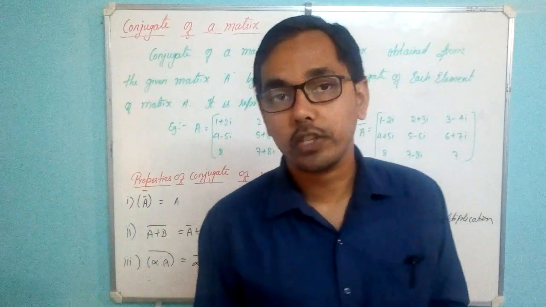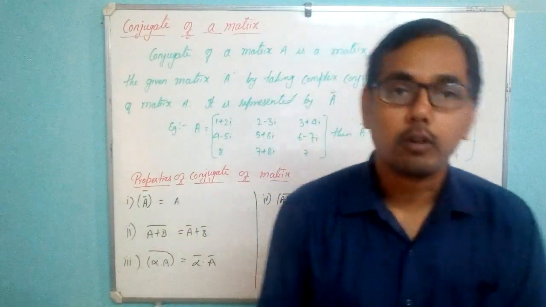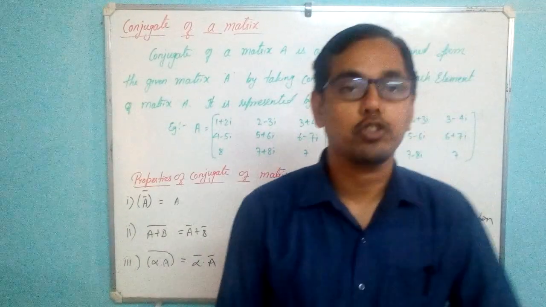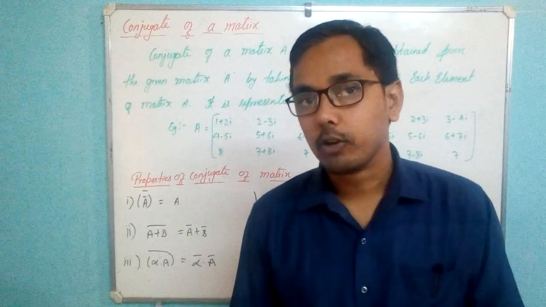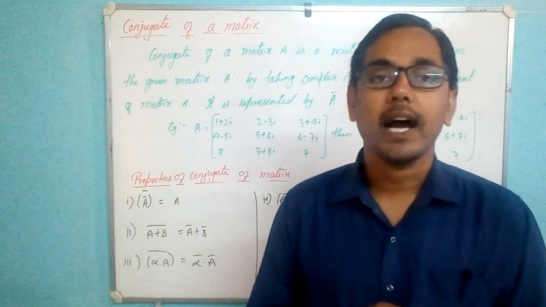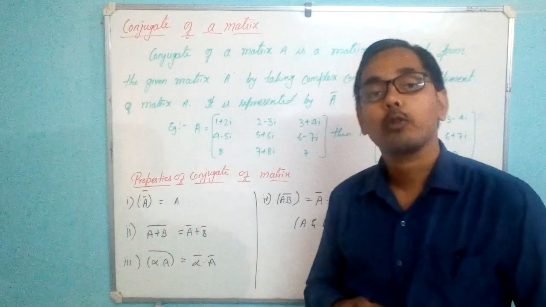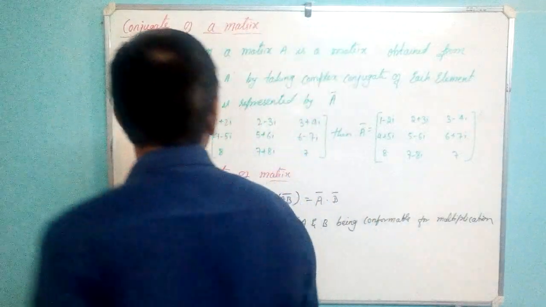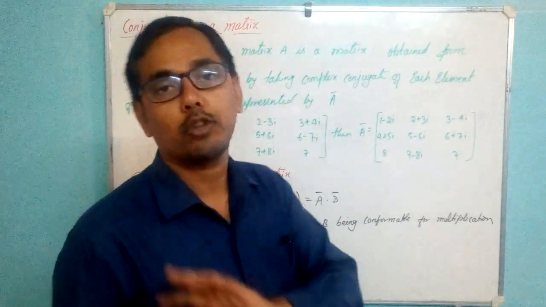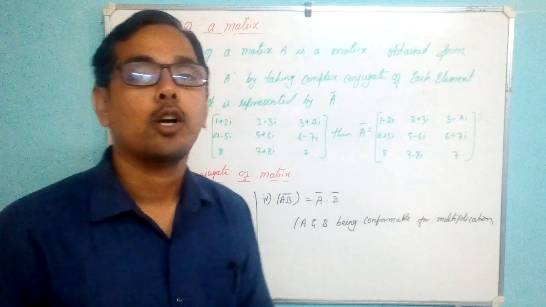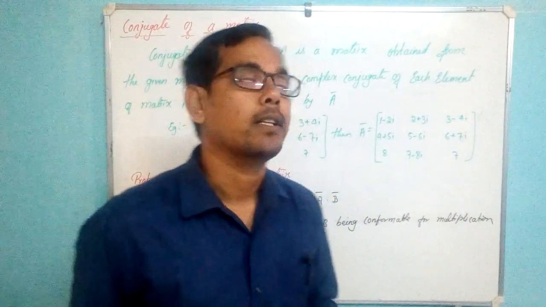What is a complex conjugate? If a plus ib is a complex number, then a minus ib will be its complex conjugate. That is how we have to find the complex conjugates, right? So if you convert the normal complex numbers into their conjugates, then that matrix we call the complex conjugate of A, right?